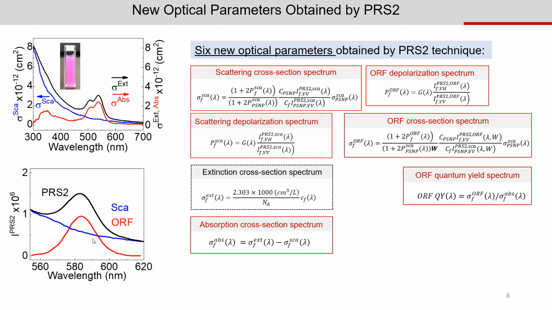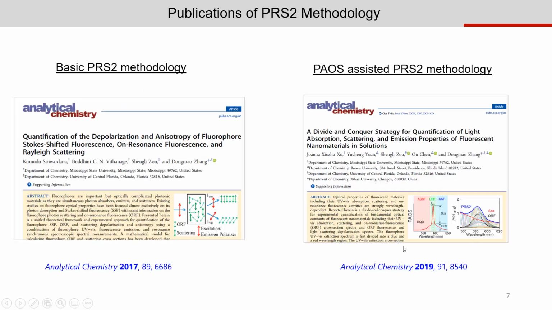And if the sample is ORF active, the ORF depolarization, cross-section, and quantum yield spectrum can be quantified as well. I will not derive these equations in this video, but you're encouraged to read our publications on the PRS2 methodology, and we will have another video to explain it.